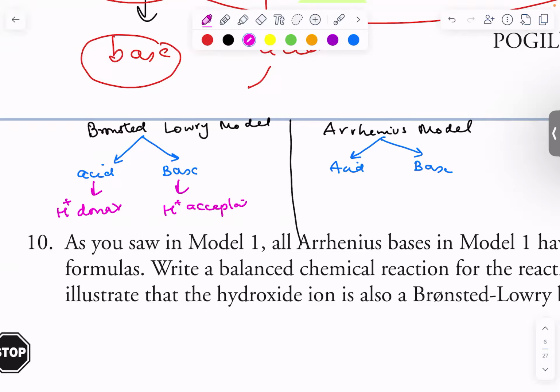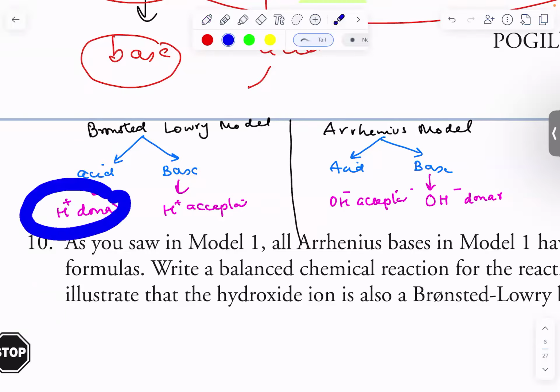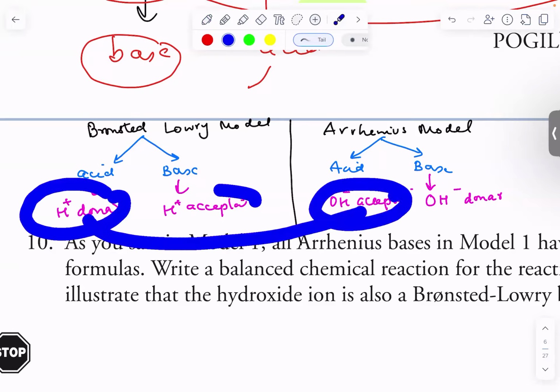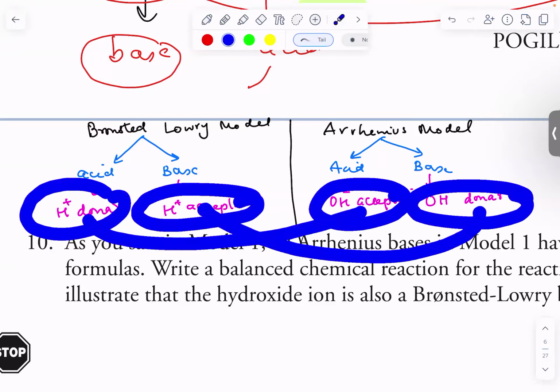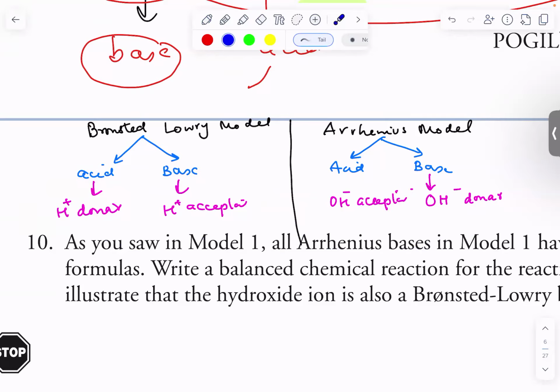In Arrhenius model, base is hydroxide ion donor and acid is hydroxide ion acceptor. So can you see that there is a donor word, there is an acceptor word? Are you getting my point?